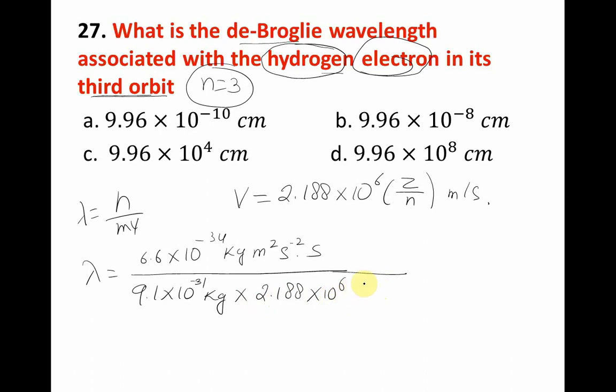Z value is 1 and n value is 3. By solving this we get 9.96 into 10 to the power of minus 8 centimeter.